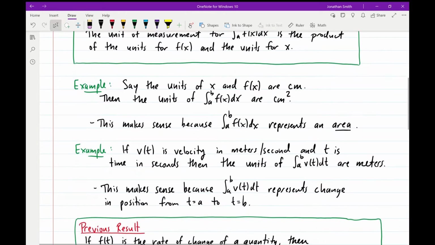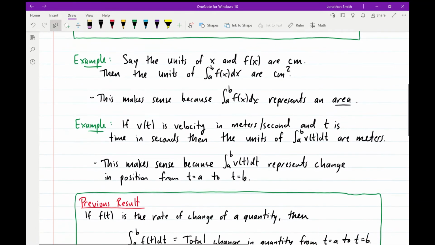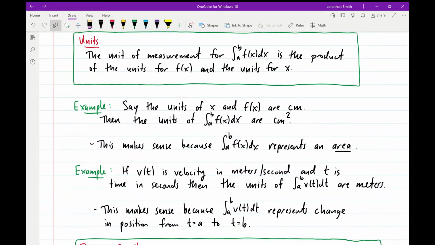Okay, so some examples figuring out what the units would be for some integrals. Let's say that the units of x and f of x are both centimeters. Then, using this rule that I have in the box, the units of the definite integral are going to be centimeters squared. And this intuitively makes sense because we know that the definite integral from a to b of f of x represents some kind of area.